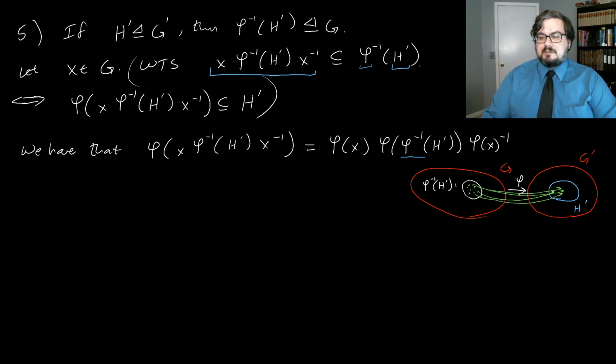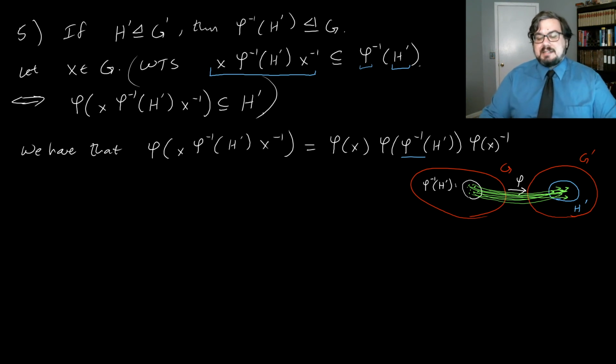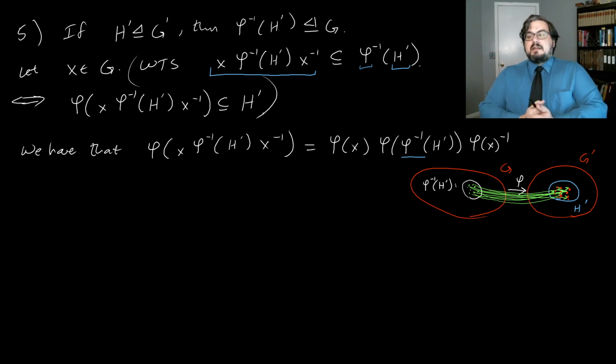That's the definition of what the pre-image is: all the points in G that get mapped into H prime. So now if I actually do apply phi to that, then I'm taking each of these green points and mapping it to their target red points over here in G prime.